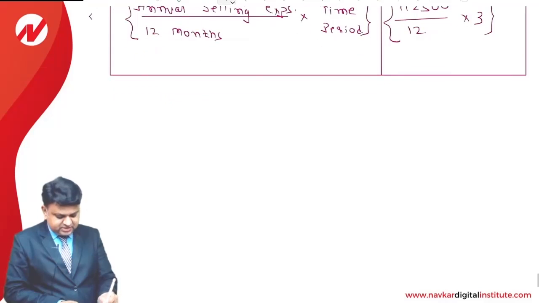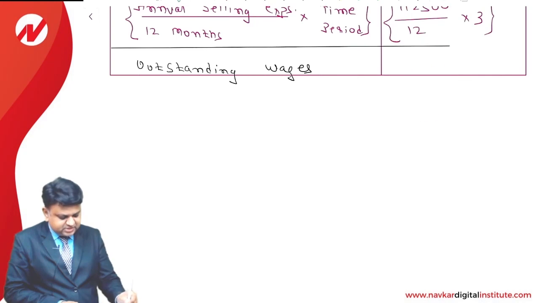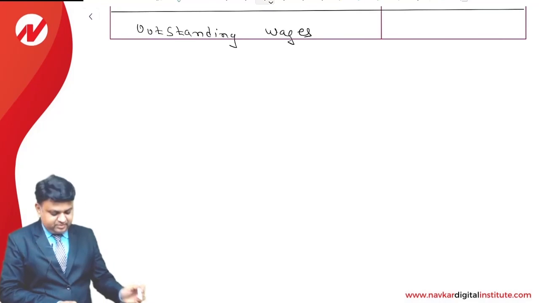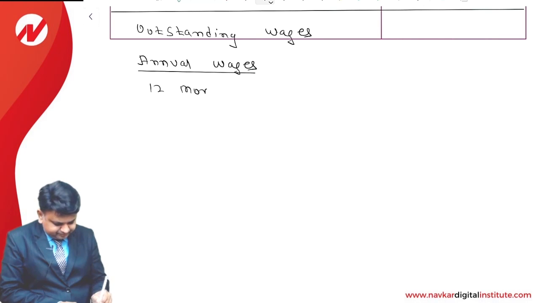Then outstanding wages. As far as outstanding wages is concerned, it will be calculated as annual wages divided by 12 months into average payment period.